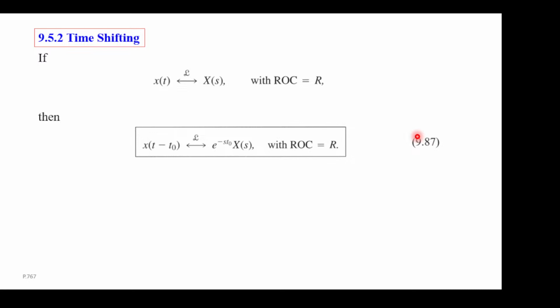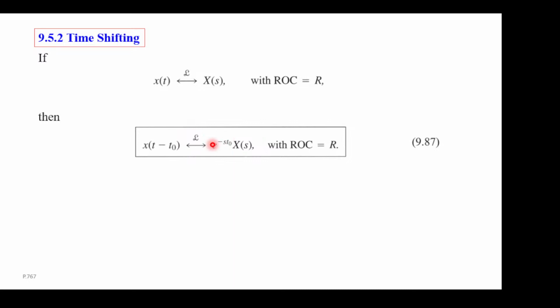And anyway, let's see the next property, time shifting. So we have small x Laplace transform to big X, and we think about what happens if we do a time shift in the time domain. So t becomes t minus t naught, and then just like the Fourier transform, you get this exponential factor in your s domain or frequency domain.